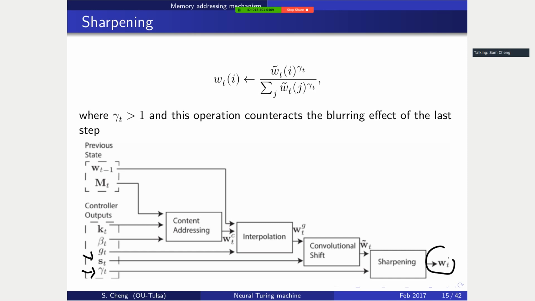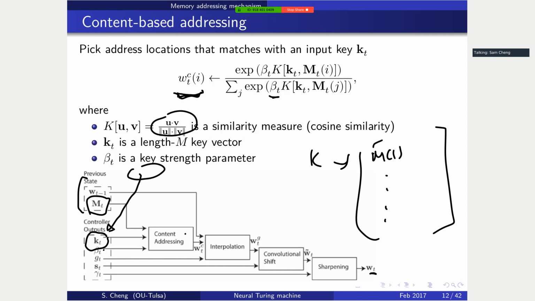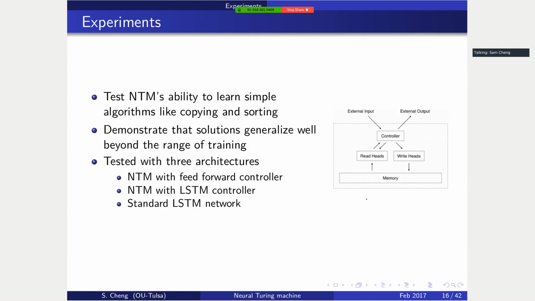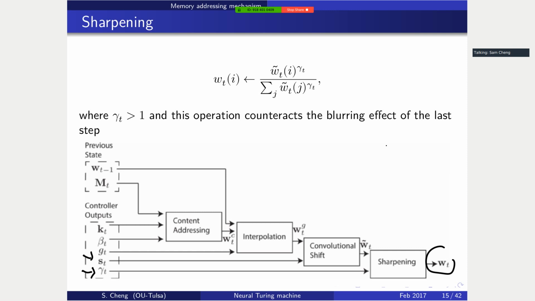So you see how this WT was updated at each step. You have each of these WT, and earlier we also supposed to get trained with this ET and AT. So now we basically have all the elements. We have a model where this WT is updated each time with the controller outputs.